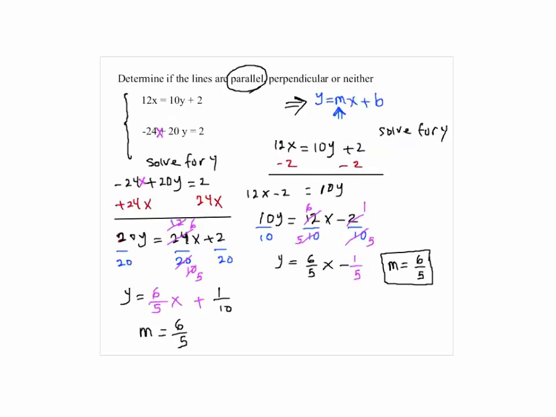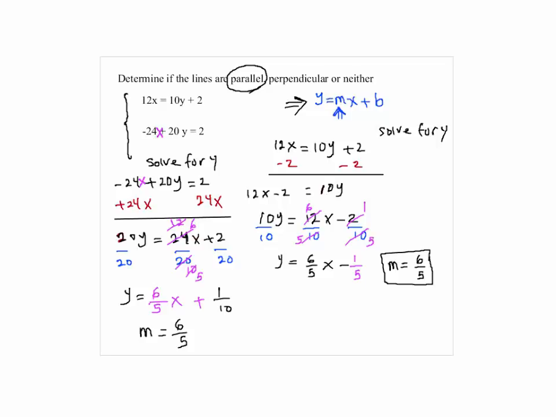Okay, can I see a check mark in front of your name, everyone, if you can follow this concept? You're going to see one problem like that on the test, where you have to find whether the lines are parallel or perpendicular, and all you need to do is find the slope.